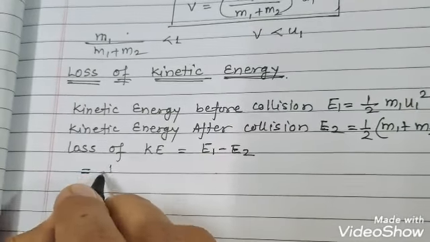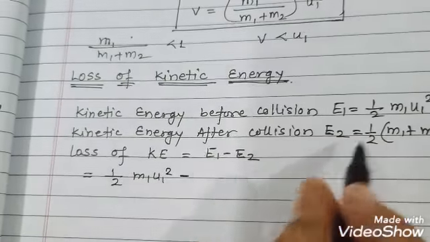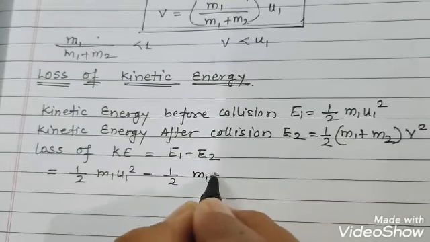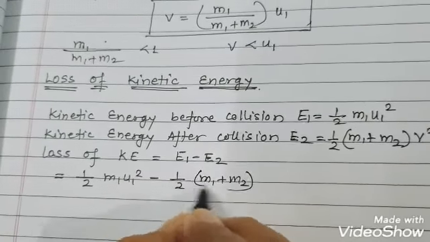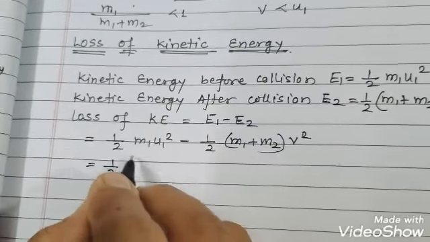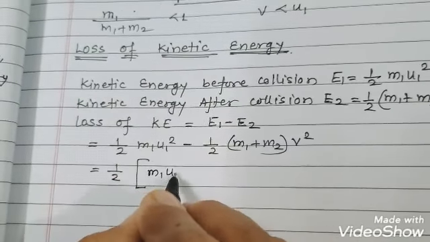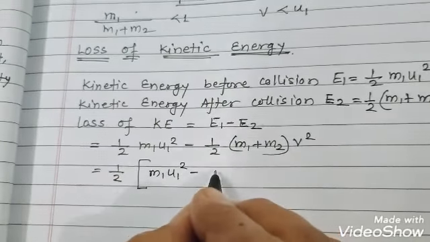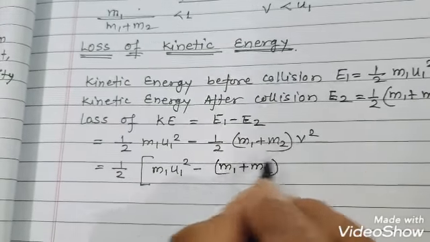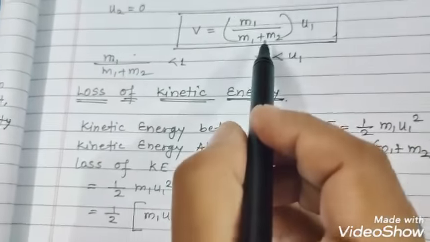E1 is given as half m1 u1 square, and E2 is given as half (m1 plus m2) v square. So we can take half common here, and you will find this is m1 u1 square minus (m1 plus m2), and in place of v we'll put the formula which we have derived for v.